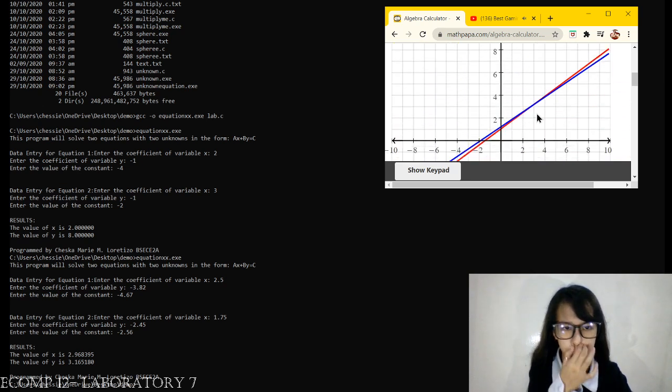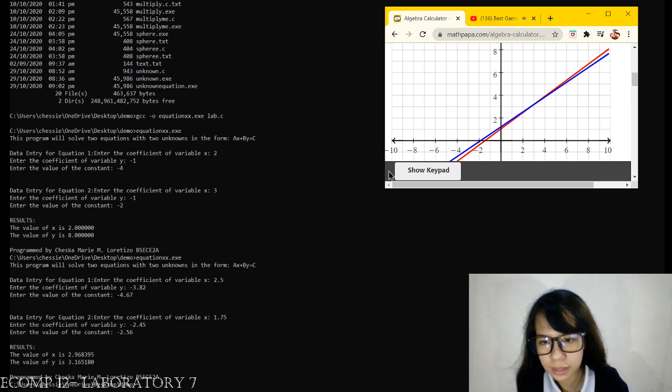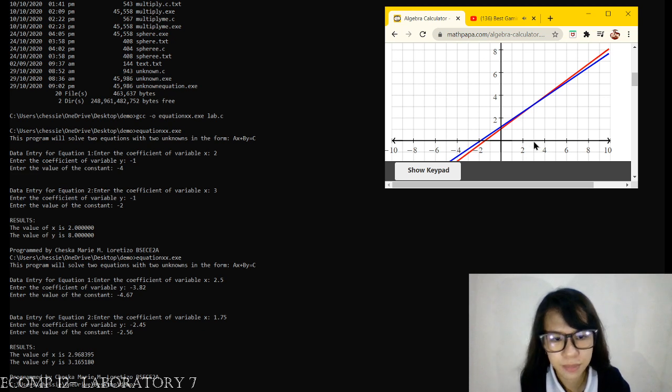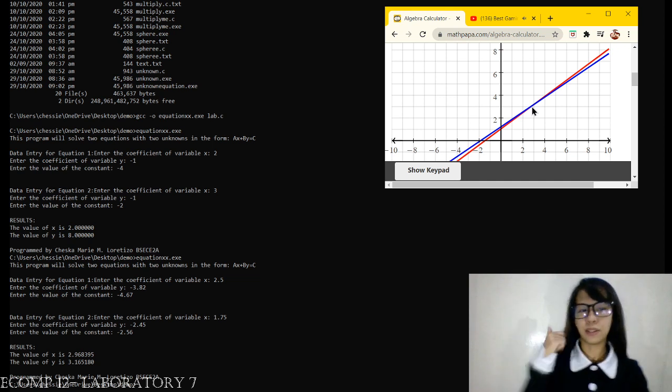There you are. We cannot see it clearly, but as you can see, it is correct. The x is nearly 3, and the value of y is 3.1, which is also near the y-intercept of 3. Yeah, good.